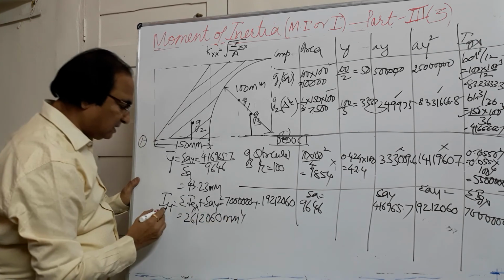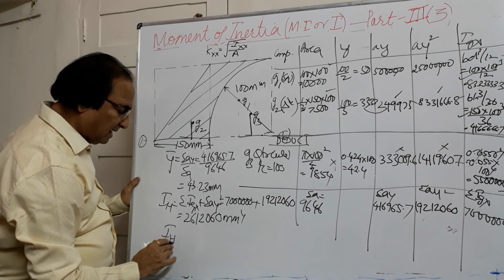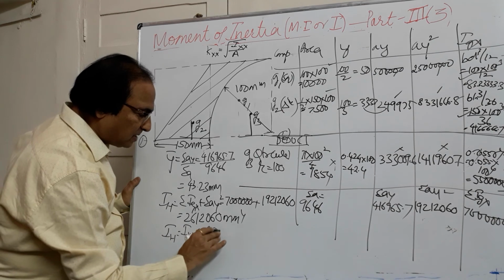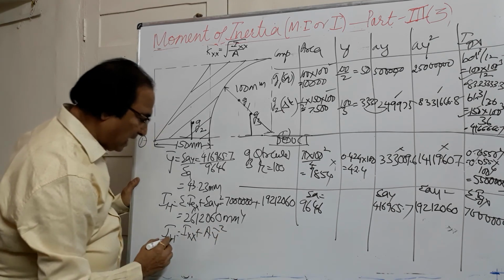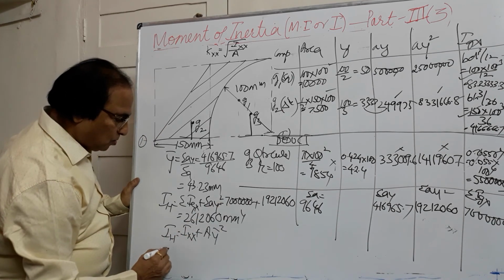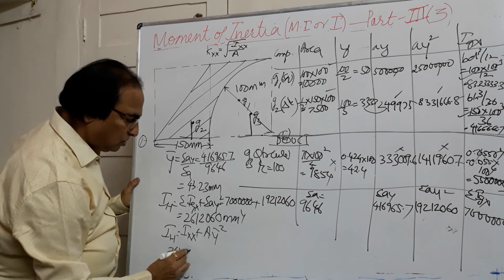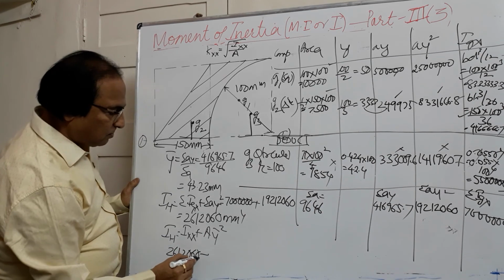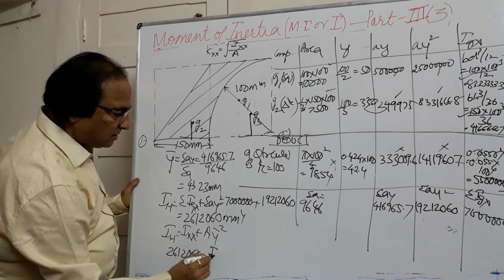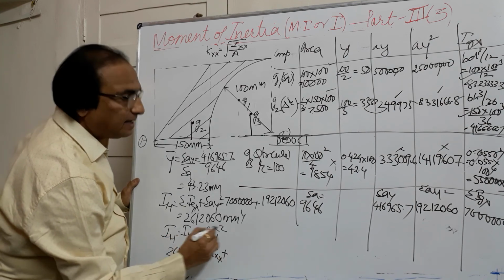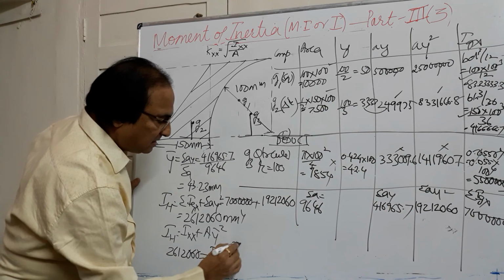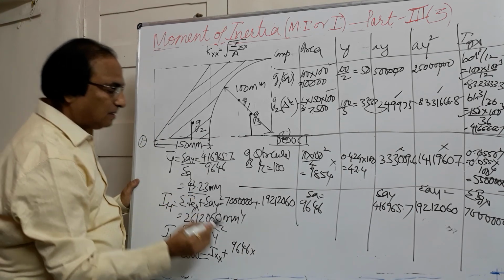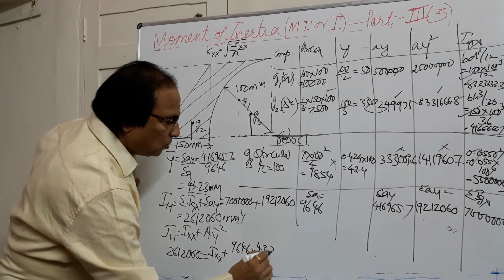We are not interested in I11. We know the parallel axis theorem. I11 is equal to Ixx plus A y bar square. So I11 is known to you, 2612060 is equal to Ixx, which is the thing we want, plus A, the net area, 9646, into y bar which we have calculated, 43.23.